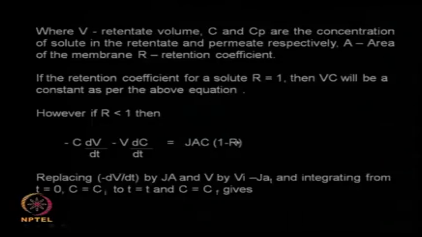If R is equal to 1, then we will be neglecting that part. So you see, in ultrafiltration the concentration polarization plays a very important role, whereas in microfiltration it is more like a normal filtration process where the compressibility of the cake plays a very important role.